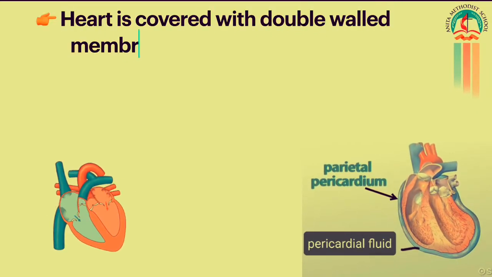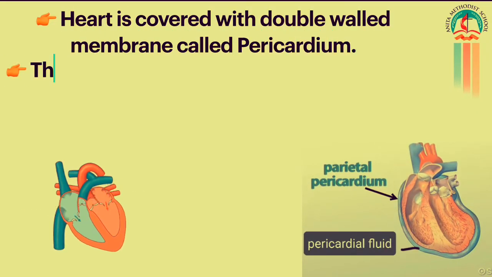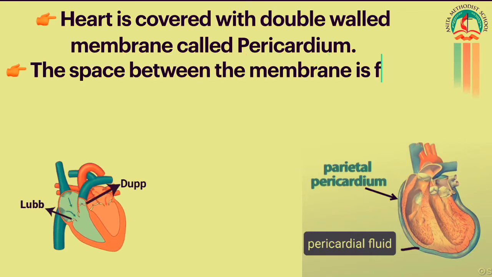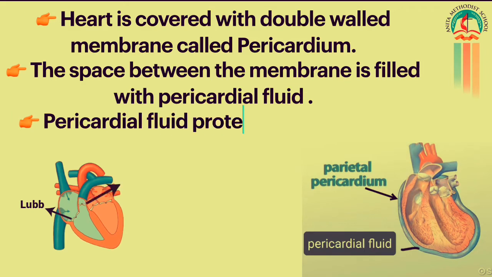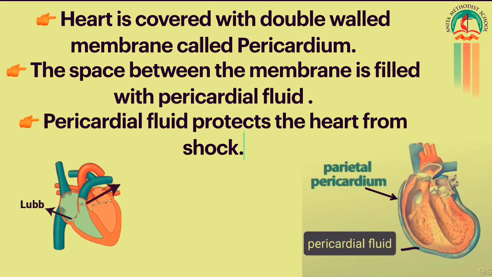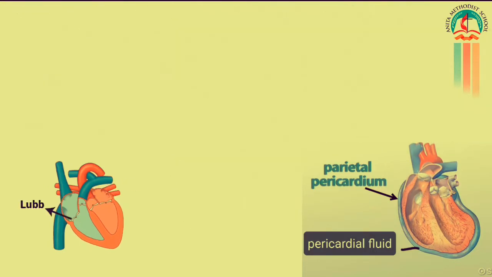It is covered with a double-walled membrane called pericardium. The space between the membrane is filled with pericardial fluid. Pericardial fluid protects the heart from shock. Can you see the picture where it is marked pericardial membrane and the pericardial fluid?